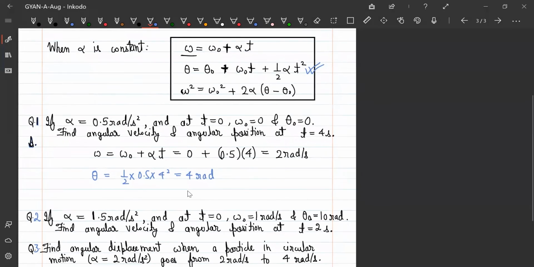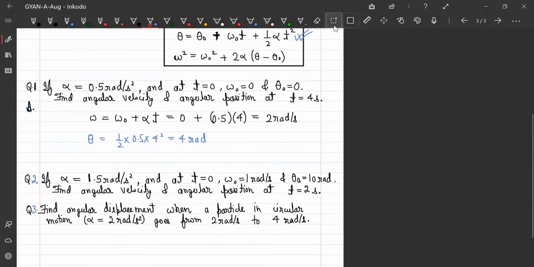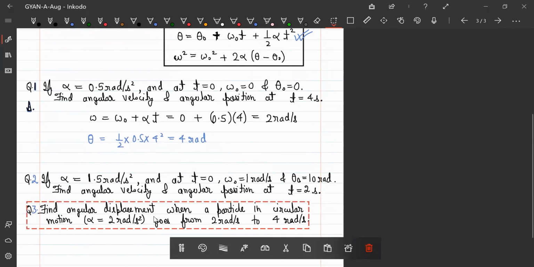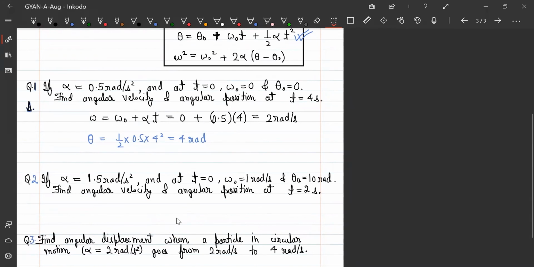Question number 2, Naman. Question number 2, can you tell me कितना आंसर आएगा? 4. 4 किसकी वैल्यू 4? एंगुलर वेलोसिटी की वैल्यू 4 आ रही है या एंगुलर पोजीशन? एंगुलर वेलोसिटी. 4 is correct.